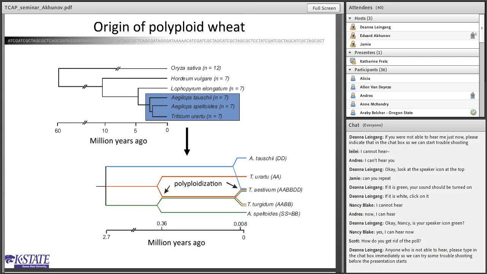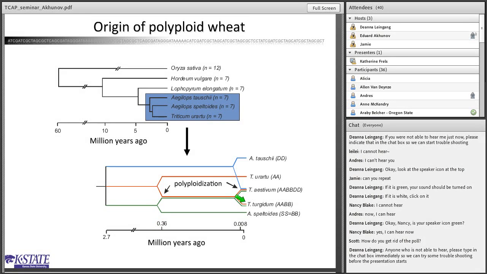And then sometime about 0.36 to 0.5 million years ago, the first polyploidization event happened that resulted in origin of tetraploid form of wheat, commonly known Triticum durum.